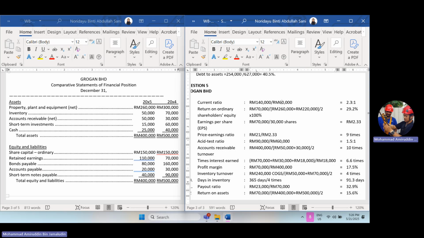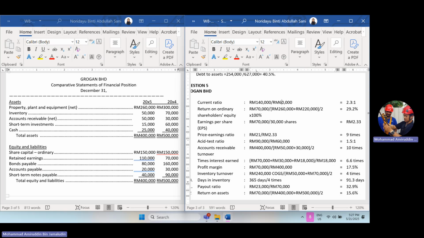This is a simple ratio, we call it. Meaning, for every 1 ringgit of current liability, the company has 2.3 ringgit of current asset. Meaning, I have 2.3 times ability to pay the current liability.